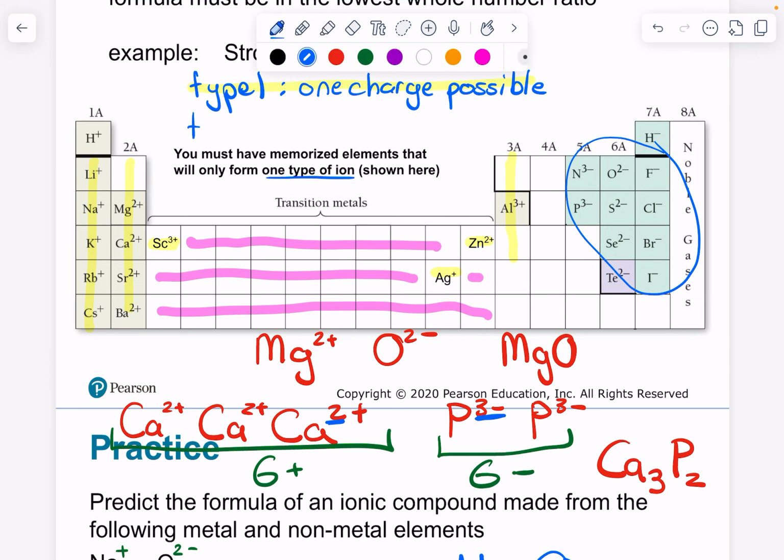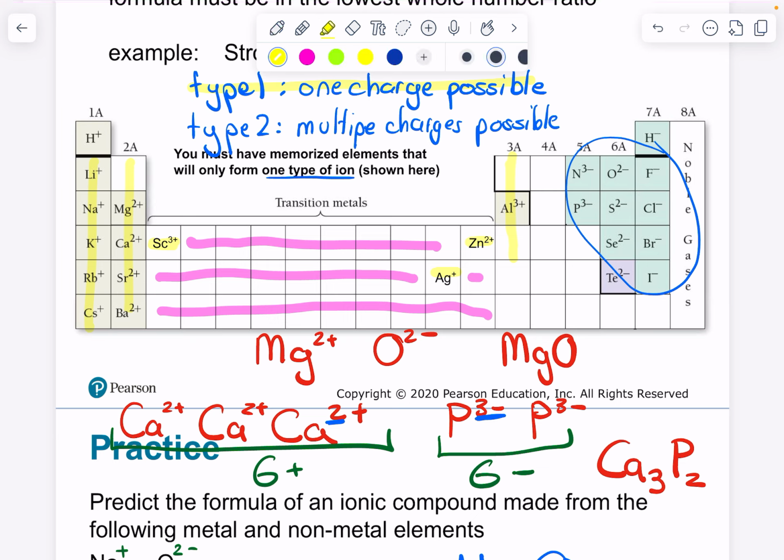And in pink is going to be the type 2, which has multiple charges possible. This includes most of the transition metals as well as tin and lead. You don't have to know what charges those type 2 ones can form.